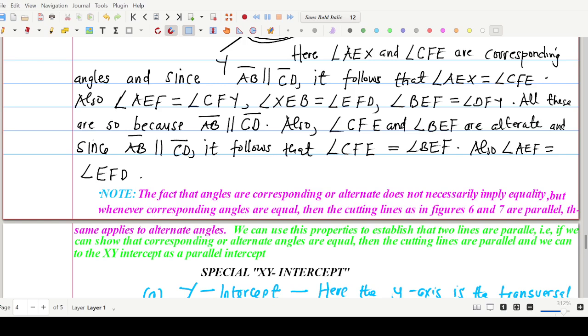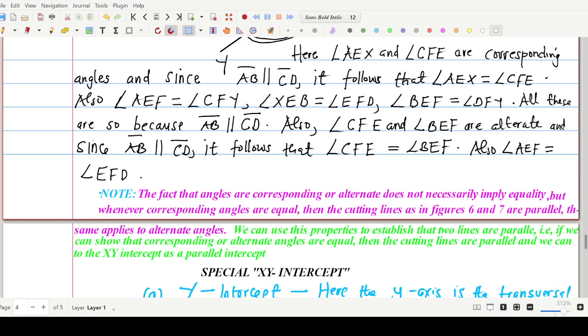So in other words, we can use the equality of corresponding angles to prove that two lines are parallel. So if you are told in a problem to prove that line AB is parallel to line CD, what you should do is strive to prove that corresponding angles are equal. If you can prove that, you have concluded that the lines are parallel.